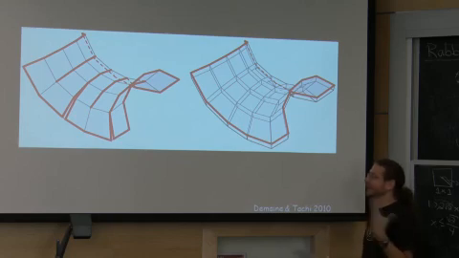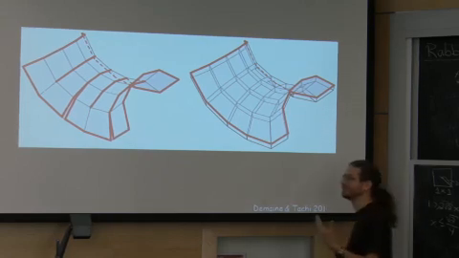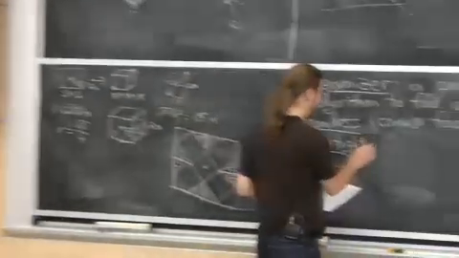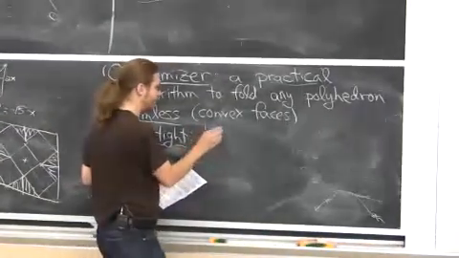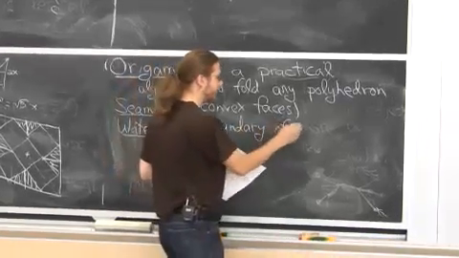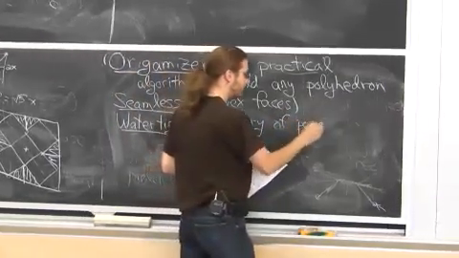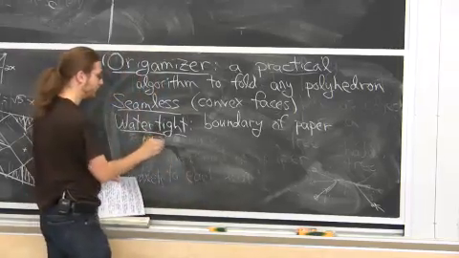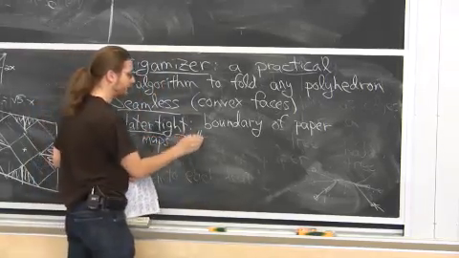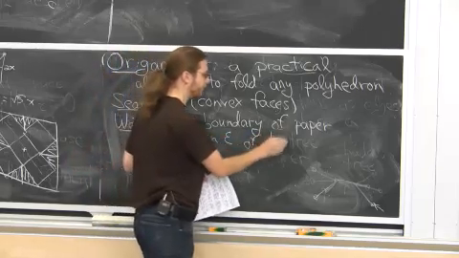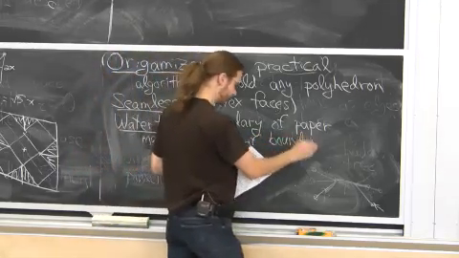But if you then sewed up the edge, it would totally hold water. All right, so that is the informal version of watertight. The formal version is that the boundary of the paper maps within some tiny distance epsilon of the boundary of the surface, the boundary of the polyhedron.